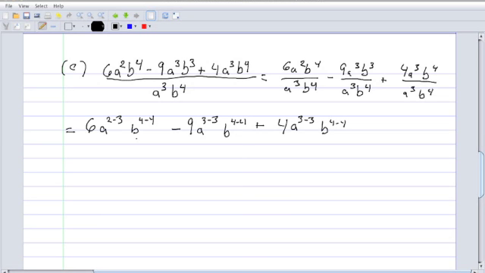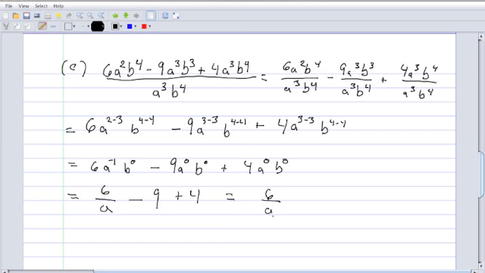So now after you simplify all of these, you get 6a to the minus 1, b to the 0, minus 9a to the 0, b to the 0, plus 4a to the 0, b to the 0. And then this becomes 6 over a, minus a to the 0 is 1, this is 1, and this is 1. So you have minus 9 plus 4. So then that should just be 6 over a.